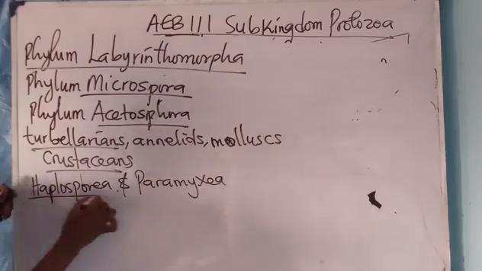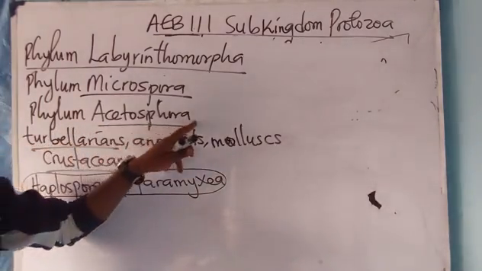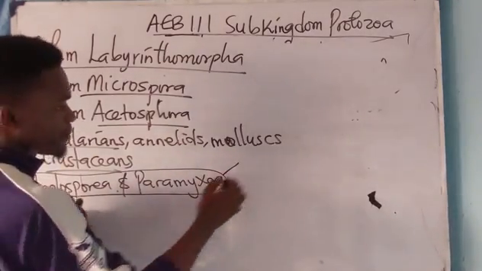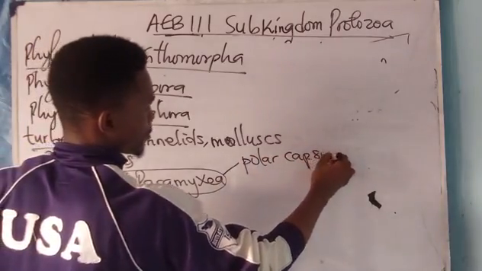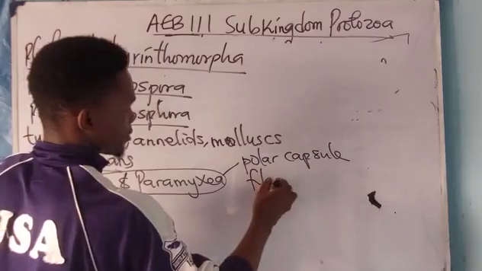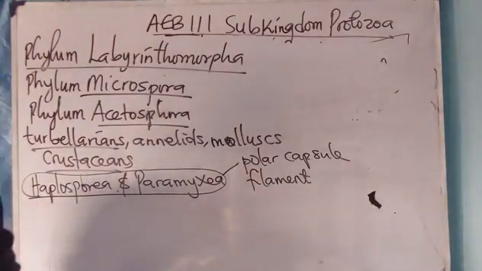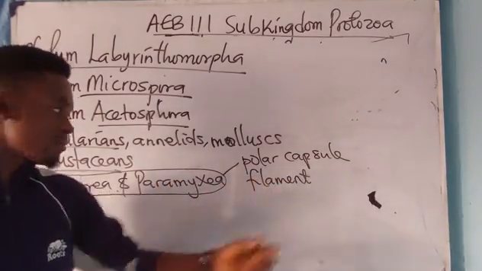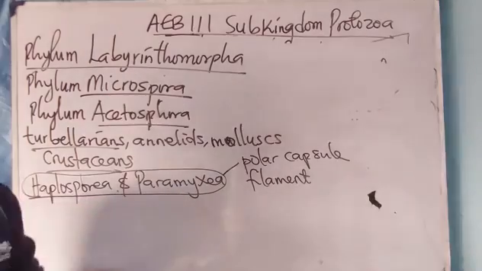These are the two classes of Phylum Acetospora. Now, they lack what is called a polar capsule and filaments. These organisms lack polar capsule and filaments. The two classes are the Haplosporia and the Paramyxea.